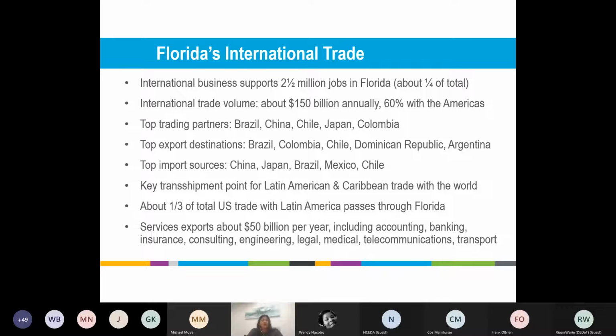Historically, most of the trade has been with Latin American markets, but in recent years the top export destinations have been Brazil, Colombia, Chile, Dominican Republic, and Argentina, with the top import sources being China, Japan, Brazil, Mexico, and Chile. Another key note is that about a third of total US trade with Latin America passes through Florida. Next slide, please.